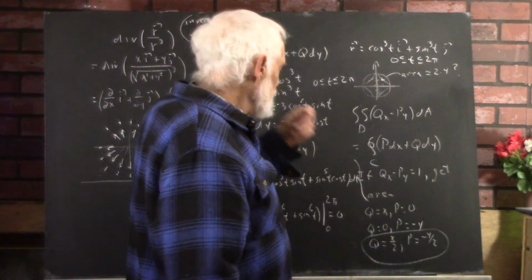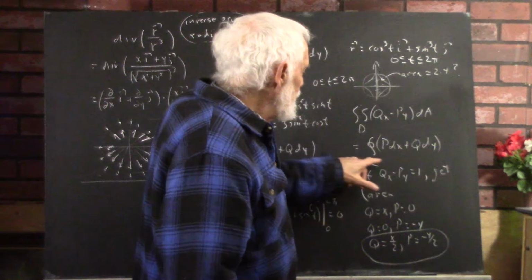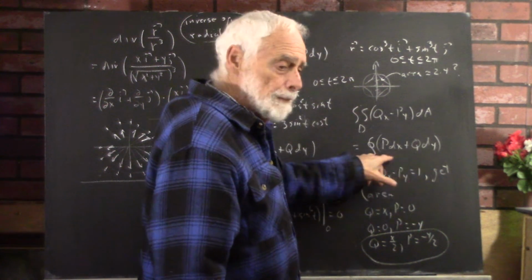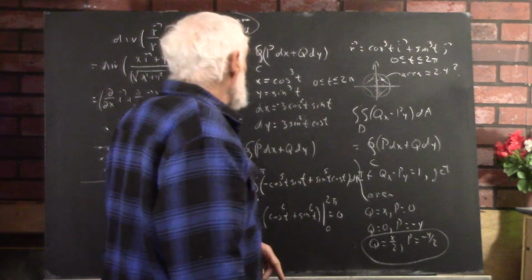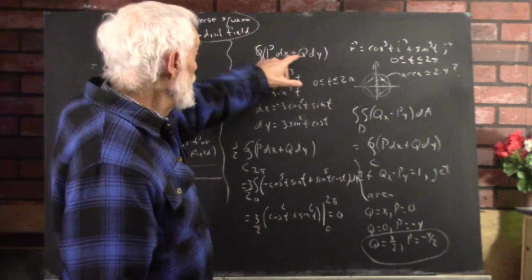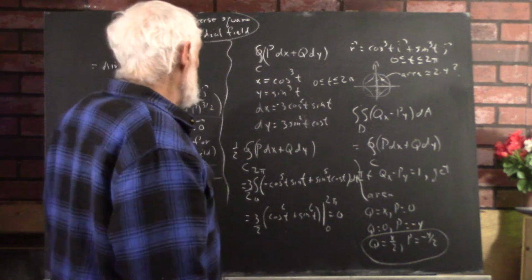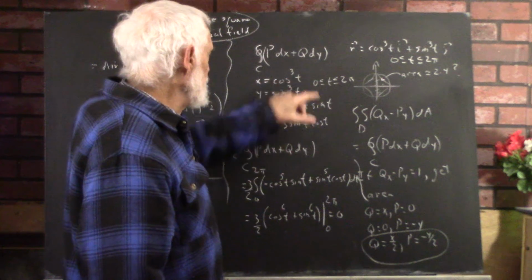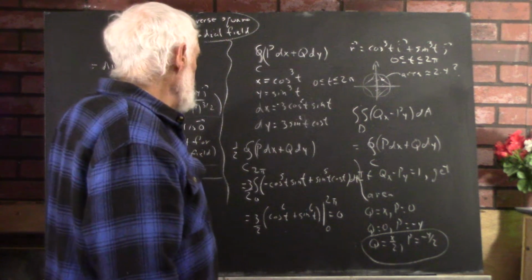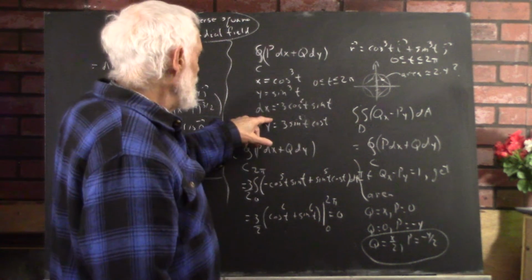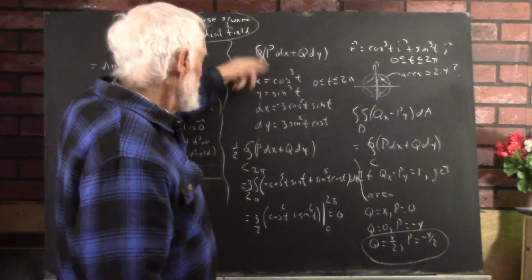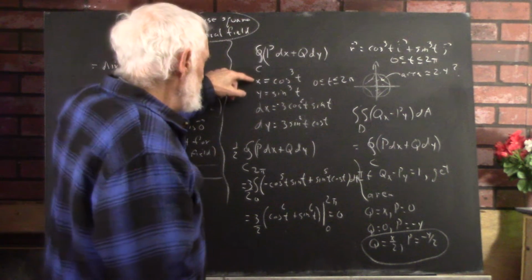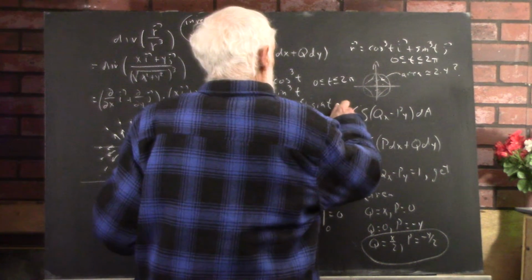To apply Green's theorem, we then integrate. We get the area integral by integrating along the boundary. So our integral of p dx plus q dy using this parameterization, well, x is cosine cubed of t, y is sine cubed of t, so that dx is, well, the differential of cosine cubed.